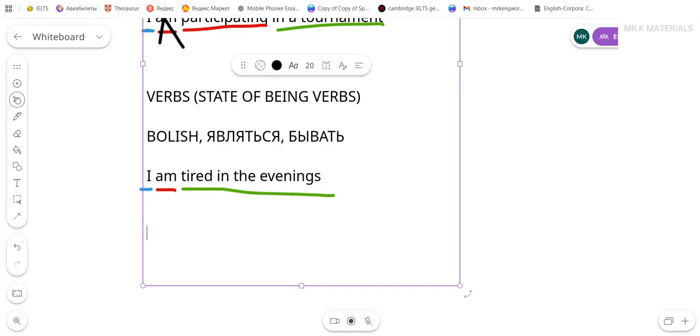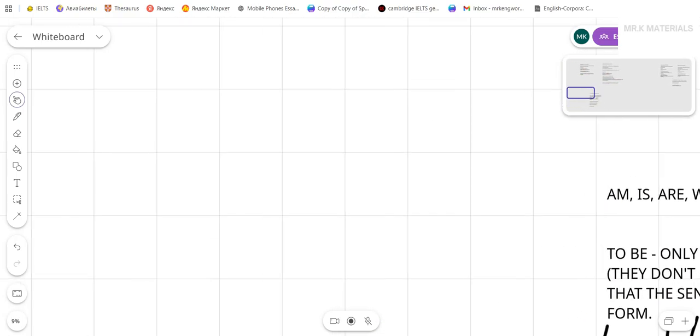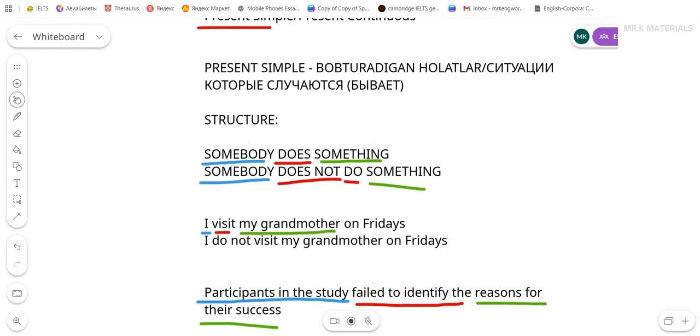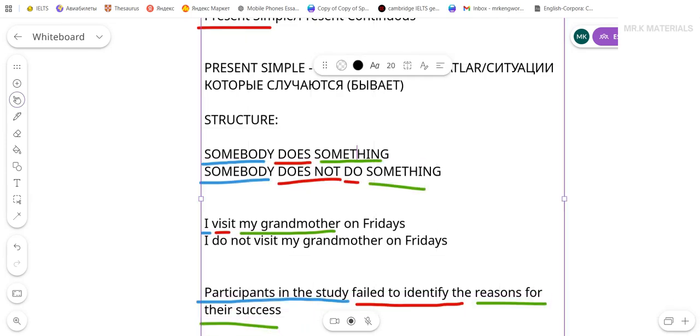Let's say I say, my house is big. A lot of people either skip this or put being or something else here because of not understanding the function. All right, we have a translation here. It's also present simple. What was the structure? Subject here, then I have my verb, then I have my object.